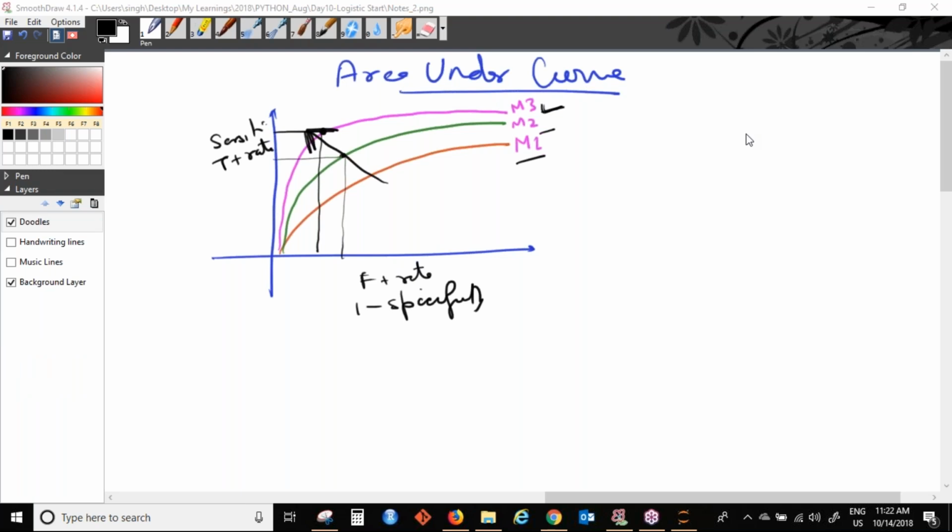So the more the model is towards the top left, the better that model is.